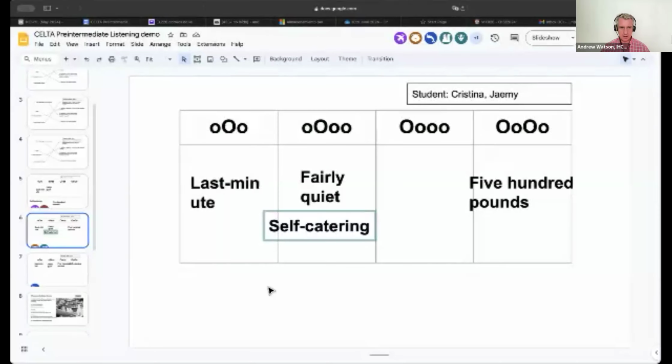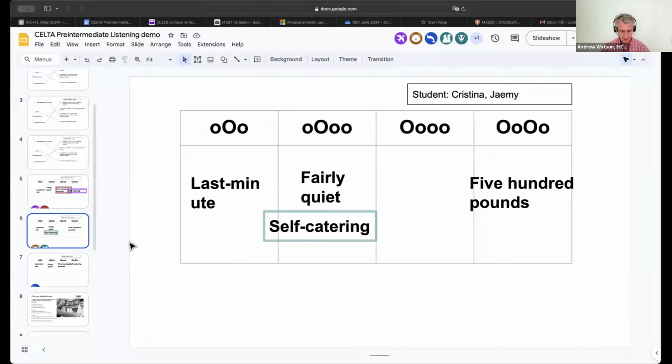All right, so let's check answers. So last minute is the one with 3 syllables. That's correct. The first is self-catering. Good.